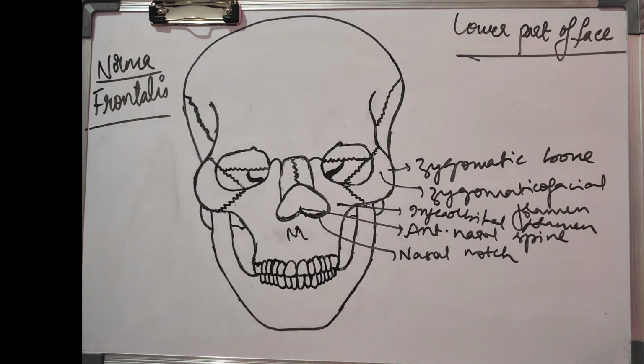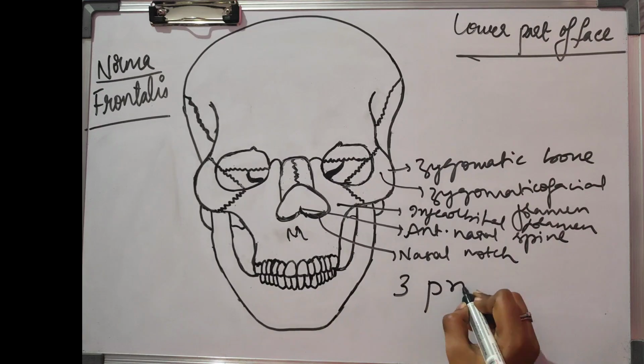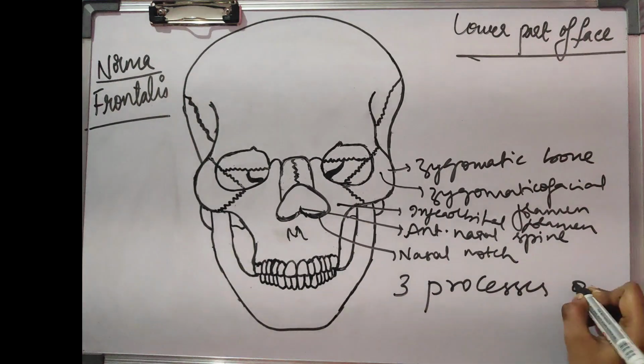And apart from this, you can also find the incisive fossa above the incisor teeth, and also the canine fossa lateral to the canine eminence. And now, apart from these, coming to the processes of the maxilla, we find 3 processes of maxilla.